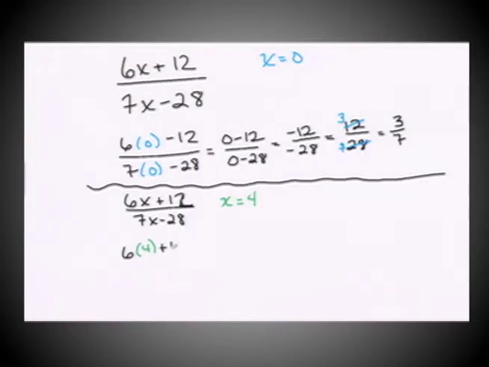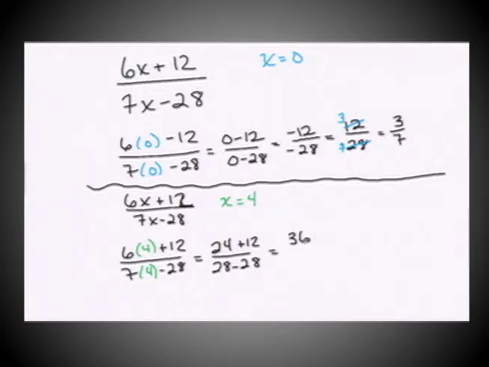So 6 times 4 plus 12 over 7 times 4 minus 28 gives us 24 plus 12 over 28 minus 28. 24 plus 12 is 36 divided by, well, 28 minus 28 is 0.